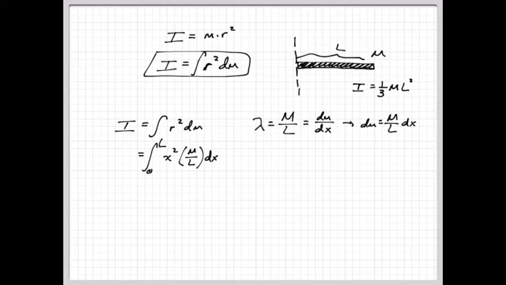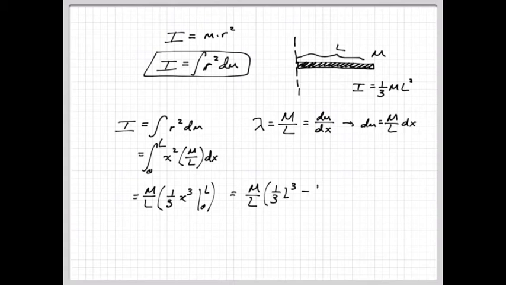From this, we're going to work through it and solve for the moment of inertia. M over L is a constant, so we'll pull that out. The antiderivative of x squared is 1/3 x cubed, and we have to evaluate it from 0 to L. So this becomes M over L times 1/3 upper limit minus 1/3 lower limit.